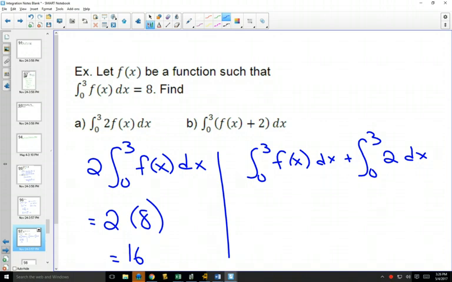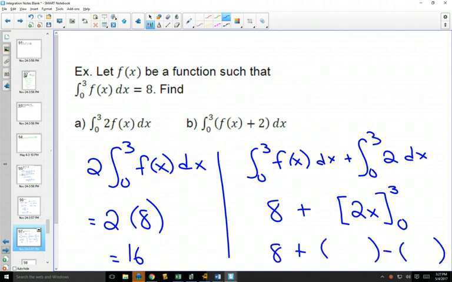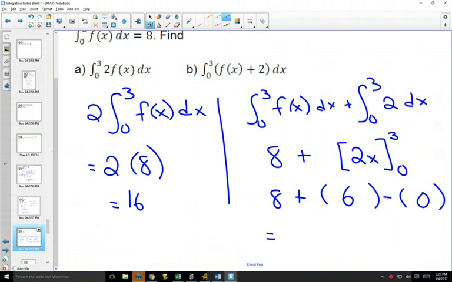Since we know the integral from 0 to 3 of f of x is 8, we just have to do 8 plus whatever this integral is, and the integral of 2 will be 2x, and you need to go from 0 to 3, so plug in 3 is 6, plug in 0 is 0, 8 plus 6, we'll get 14.